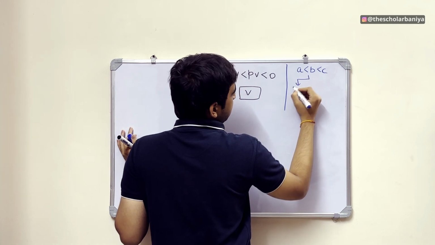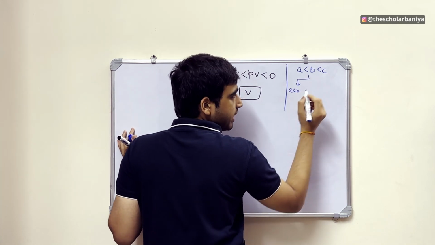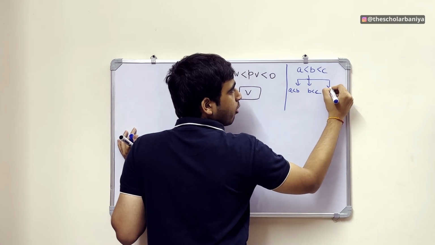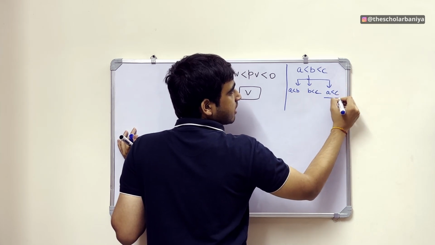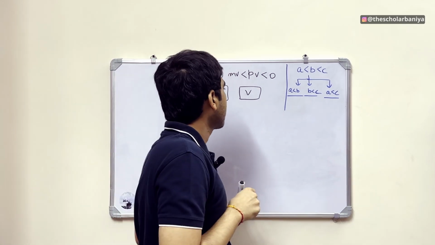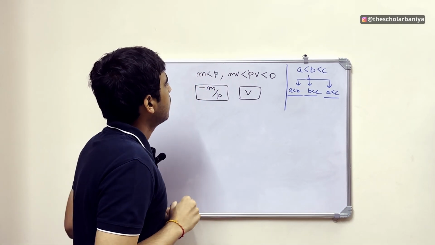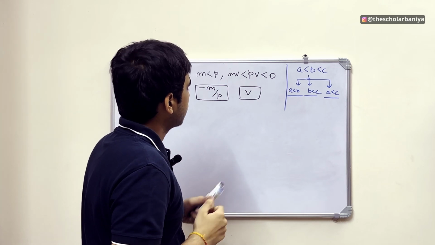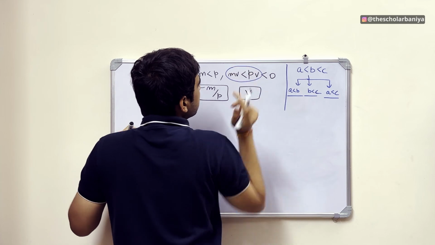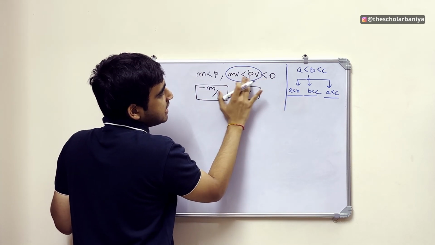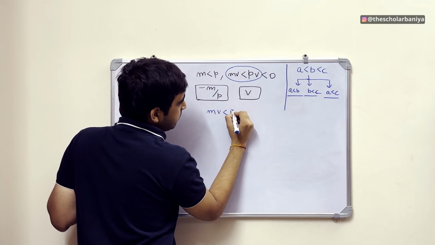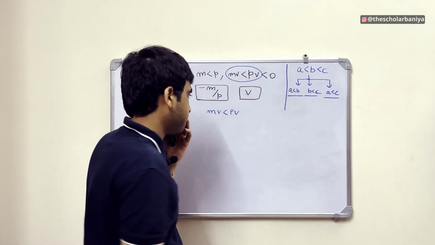That means A is less than B, it also means B is less than C, and it also means A is less than C. So these three things are possible. So, because mv is less than pv is less than 0 is given, we can take mv is less than pv.